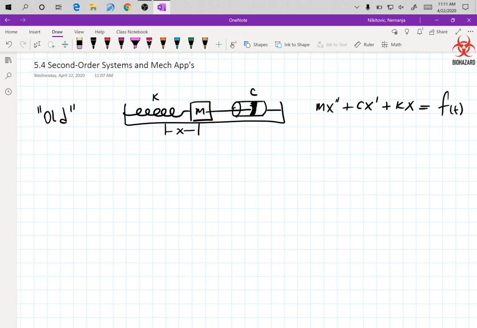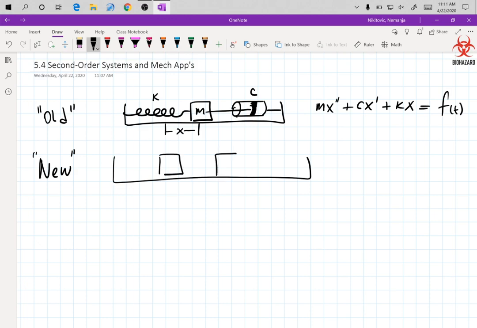Now, obviously, once you learn the simplest case well, you can go ahead and upgrade to harder cases, adding either more masses and more springs, or introducing dashpots and external forcing and so on. So now the new thing is going to be multiple masses.